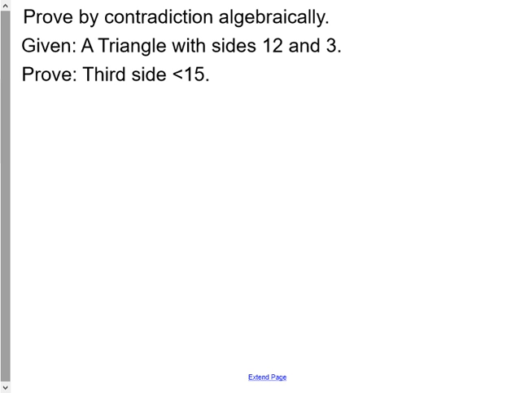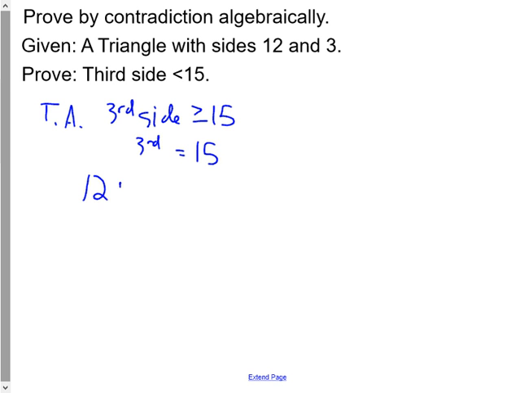The triangle with sides 12 and 3 is given, and we've got to prove the third side is less than 15. So again, temporarily assume the third side is greater than 15. You can either pick a number, you can pick 15, 16, whatever. We'll just say it's 15. Now what's the rule we just learned?